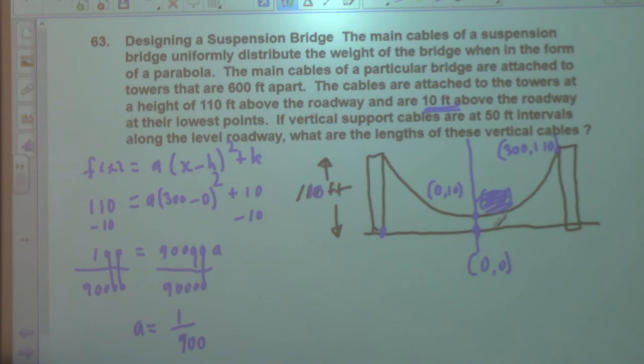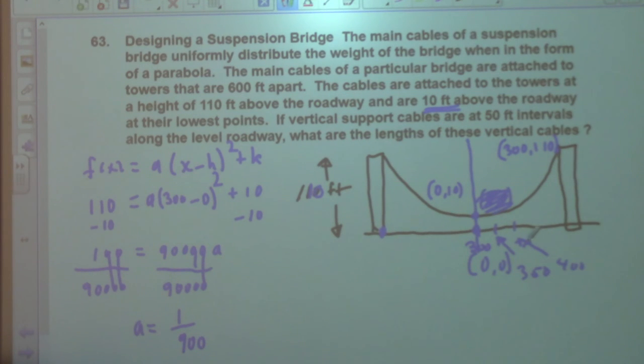So our equation for each of these things, because we want to find these values here that are 50 feet intervals. So here we have, this is going to be at 300 feet. This will be here at 350 feet. This will be at 400 feet here.